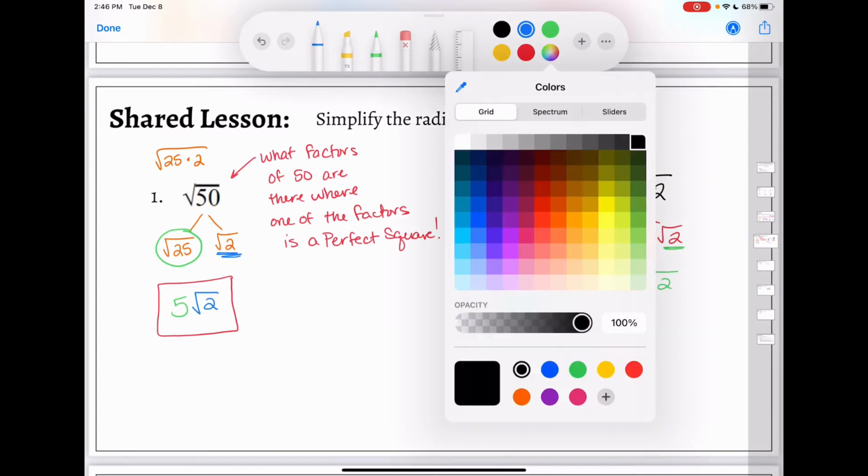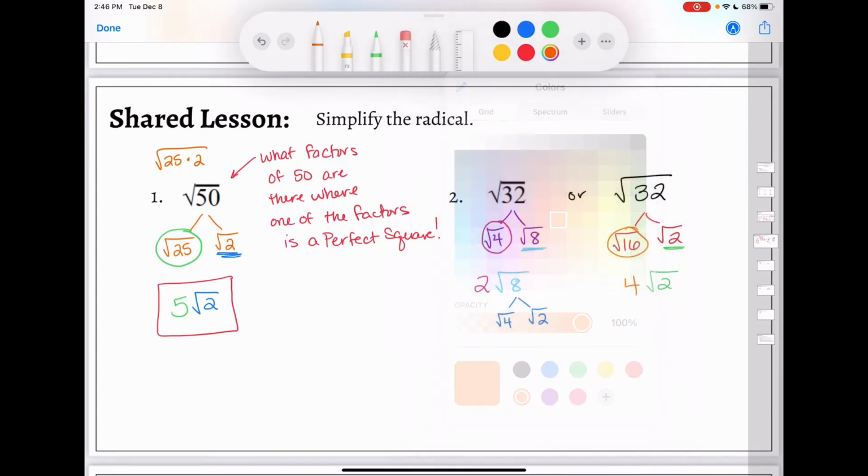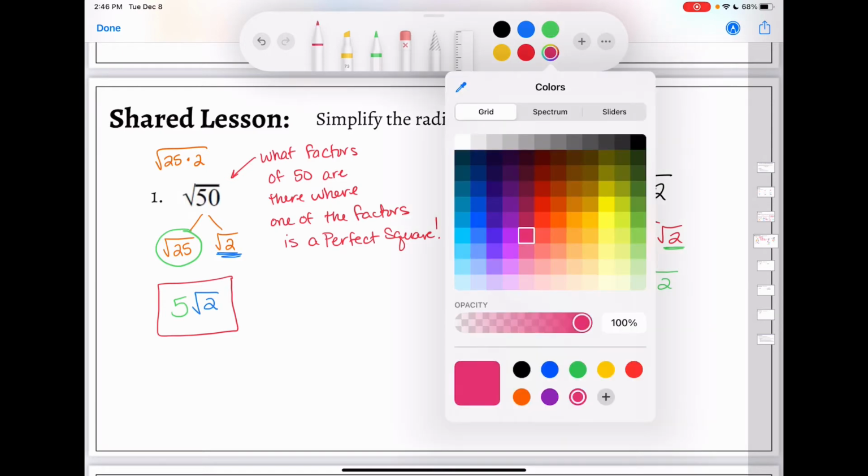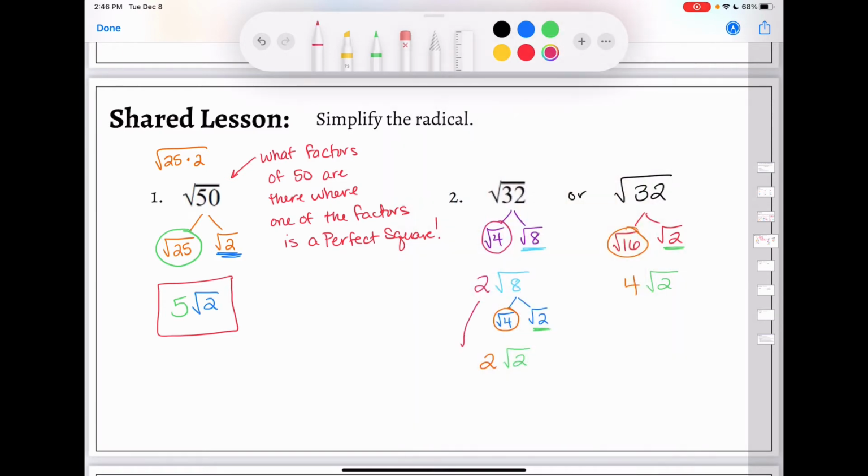All right, so for this one then, square root of 4, that's a perfect square. So that's going to become a 2 outside. The square root of 2 is going to stay inside. But I already had the 2 on the outside from before. Now remember, all of these are factors. So I am going to make sure that I multiply everything together.